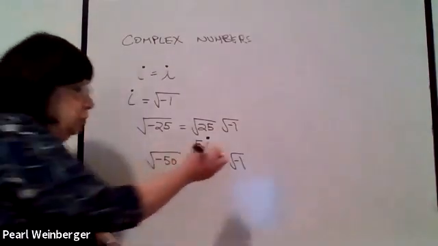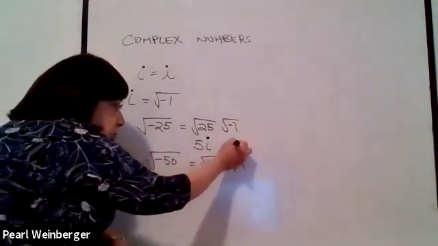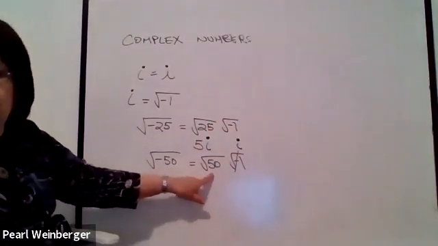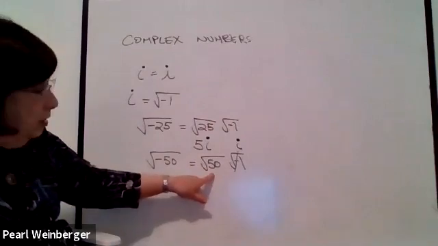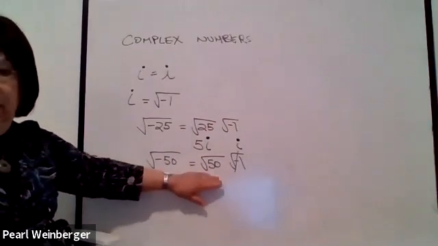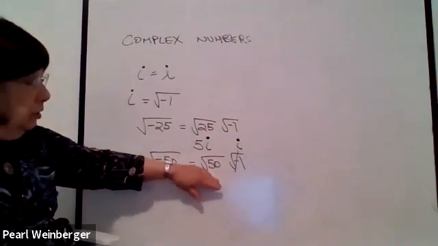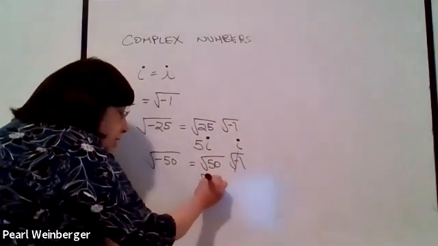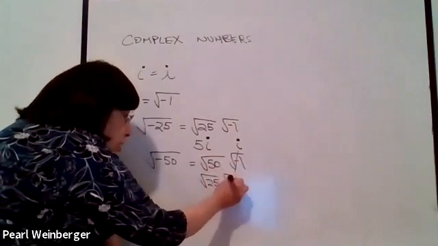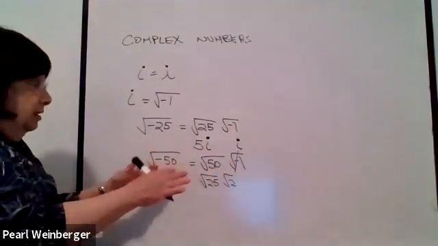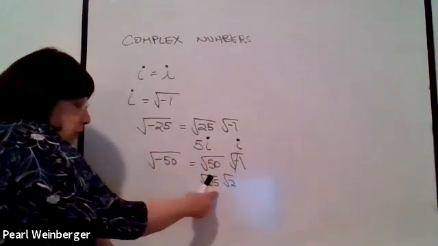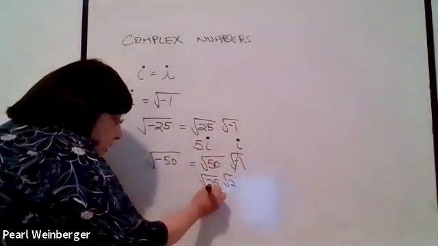And of course, the square root of -1, remember, that's what we're calling our i. And the square root of 50, I could actually simplify now, because this is now a regular number. I can break that up into 25 and 2. So in the end, when I want to simplify this, the square root of 25 is going to be 5.